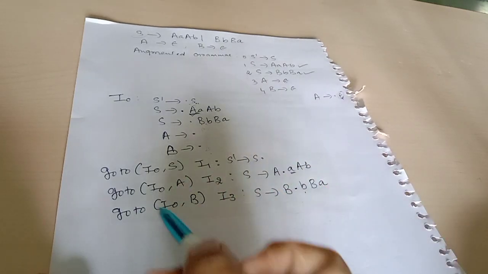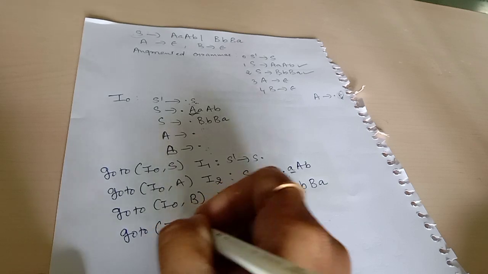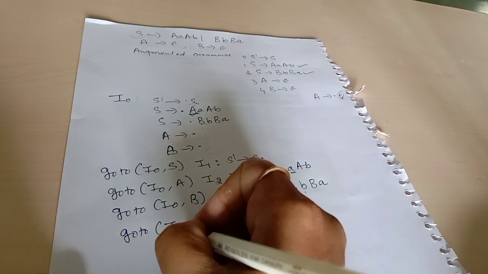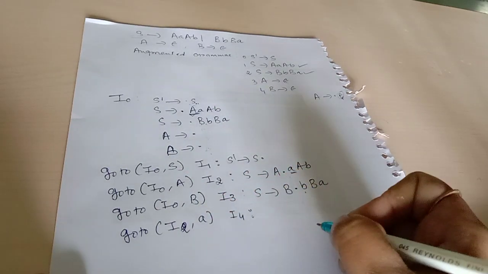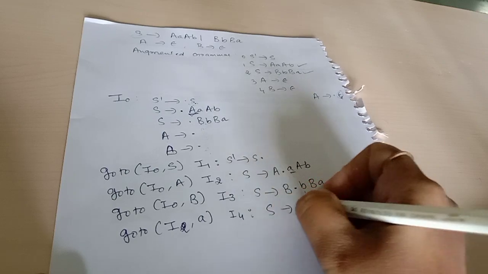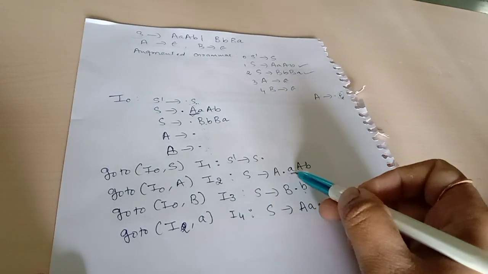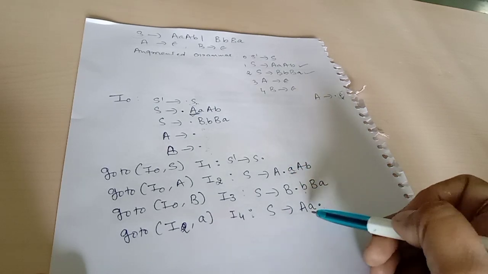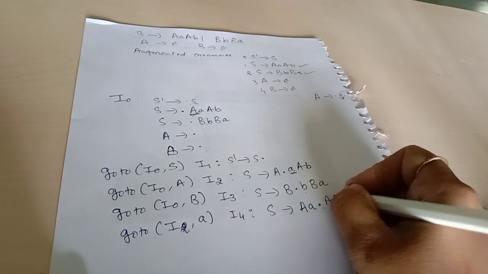In I2 the symbol that the parser is looking for, or the next symbol, is A. So let's write down, go to I2 on A, that is my next state called I4. What happened here? The parser has read A, so the dot operator will move to the next place. So the production will be S → AA.AB.